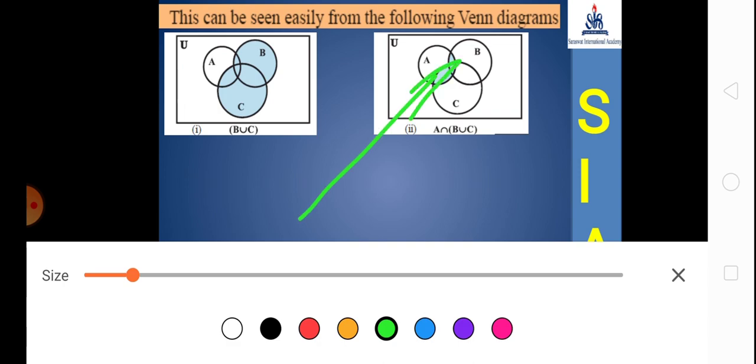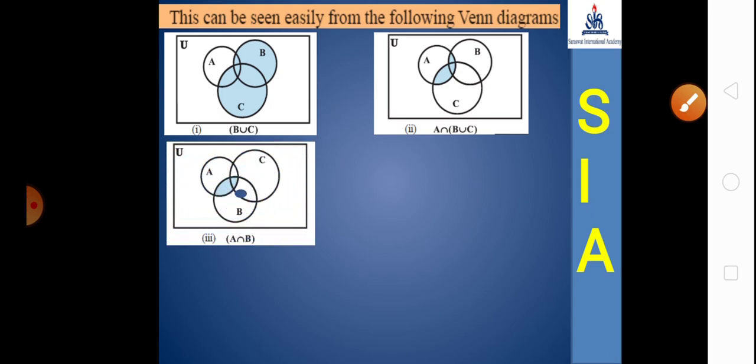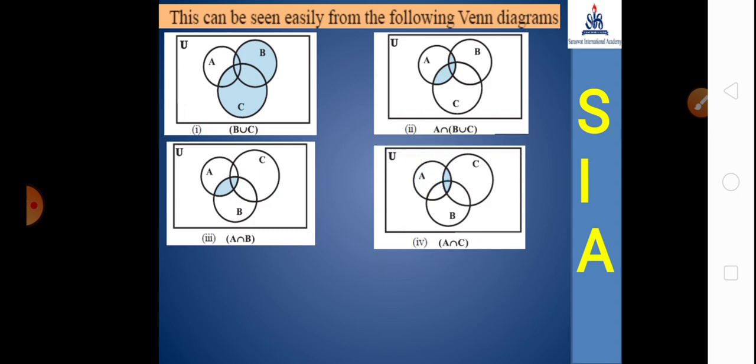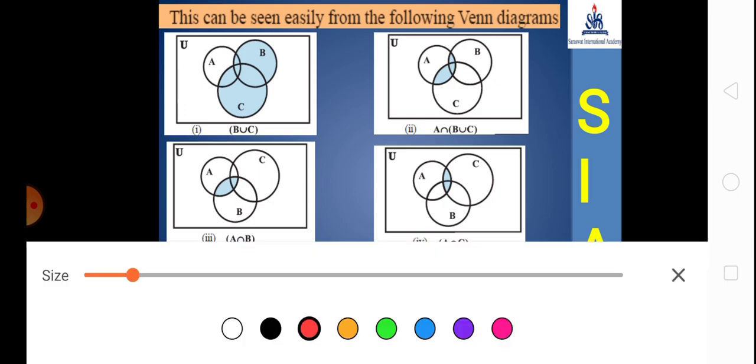And third one, now I am explaining only A intersection B. A intersection B means A and B have a common region. See, I just shaded the portion in blue color. And the fourth figure, A intersection C, is represented by the common region of A and C. So my last answer, A intersection B union A intersection C. It means, students, you just focus on this drawing.